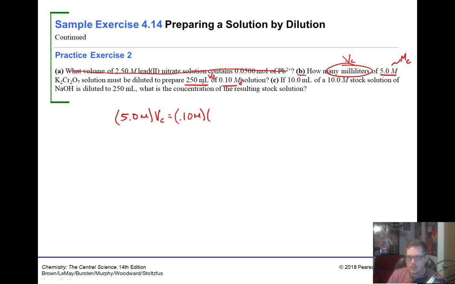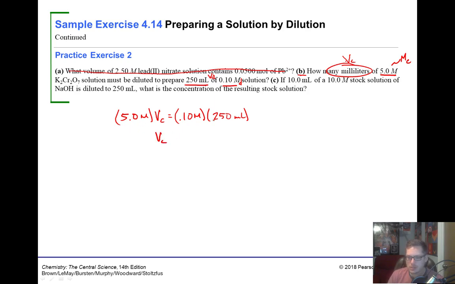As long as we keep this in milliliters on both sides, the math works itself out. Or if that confuses you, you can always convert to liters and then convert back out of liters. No matter what you do, it's all going to work out the same.